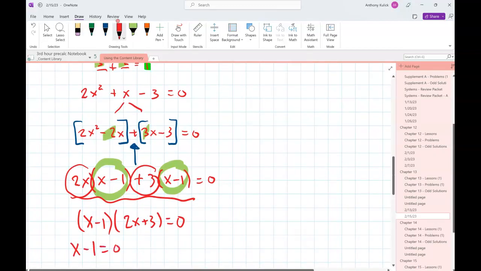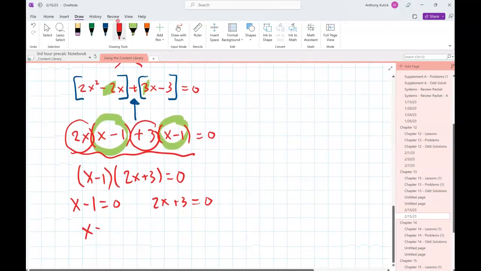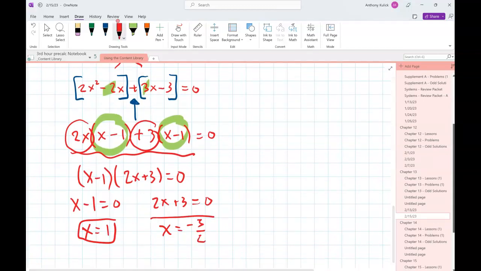And then if I set each of these two things equal to 0, I can solve. Negative 3/2, because you subtract the 3 and then divide. That's okay. It happens. Everybody makes mistakes.